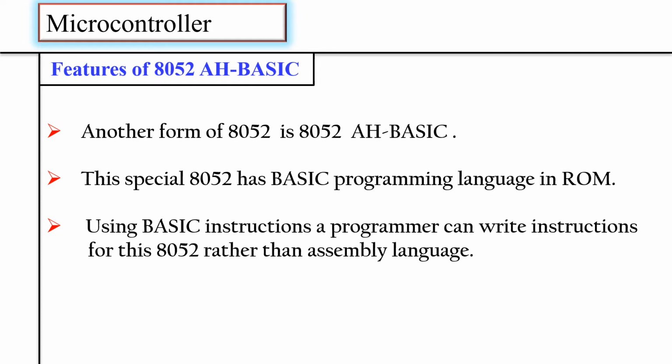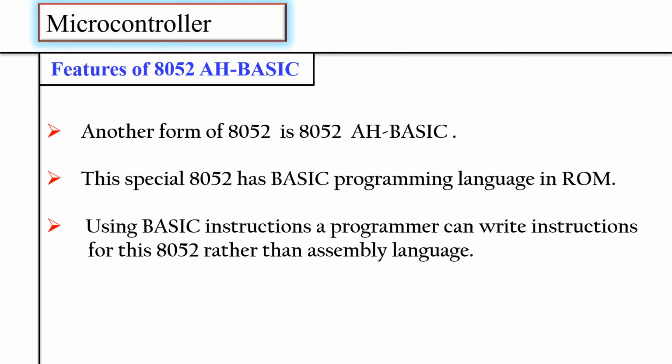So let us see the features of 8052AH BASIC. This special 8052 has the BASIC programming language in ROM. Using BASIC instructions, a programmer can write the program for this 8052 rather than in assembly language.